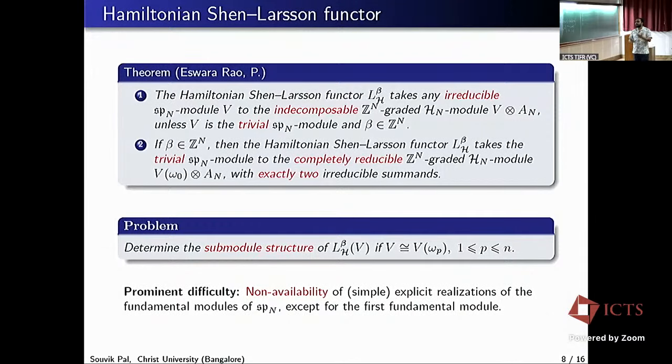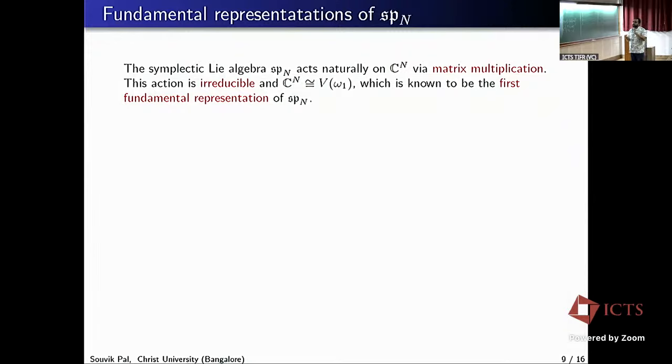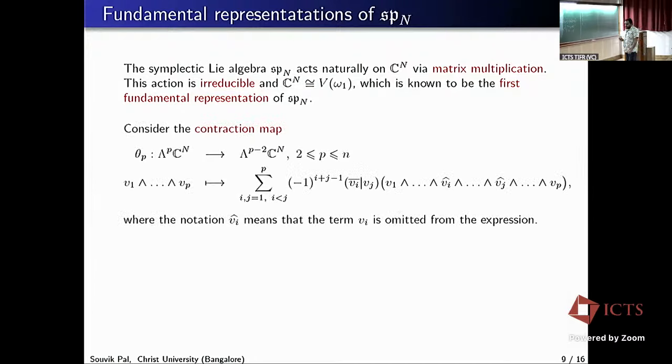So let me tell you what the fundamental modules are first. The first fundamental representation is the usual one, the matrix multiplication. Now the wedge product, unfortunately, is not irreducible over the symplectic Lie algebra. So we have this contraction map. This is the two contraction, the inner product I told you about. This is just a contraction map. Here Vi hat means these two terms are omitted from the expression.